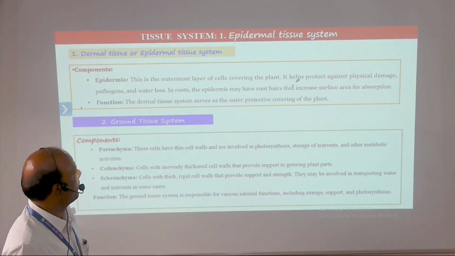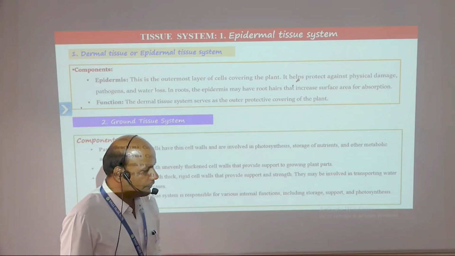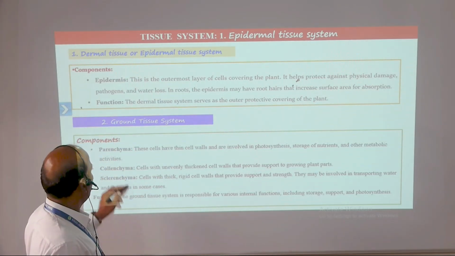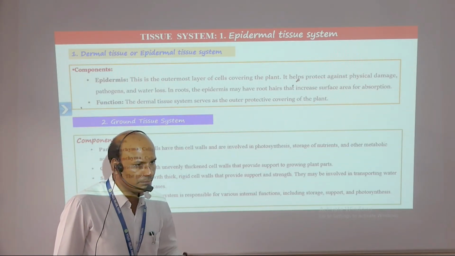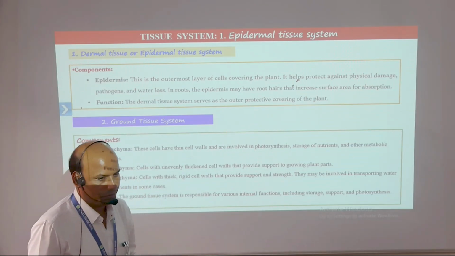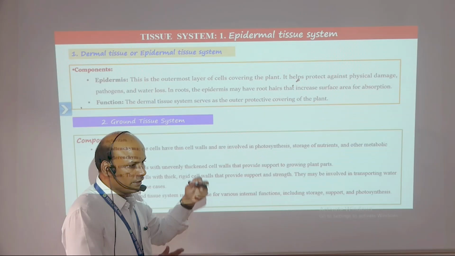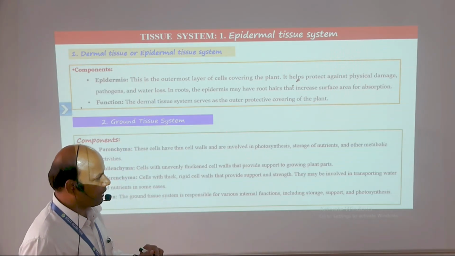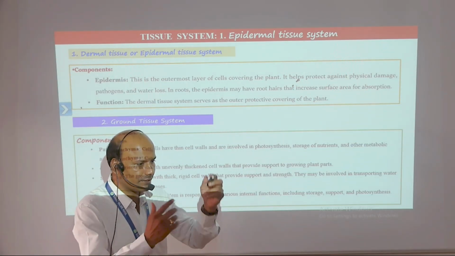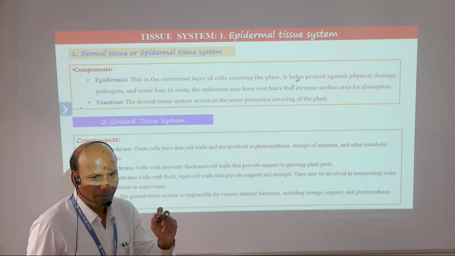Next, we will see the second type of tissue, the ground tissue. In the earlier slide we saw the details about the epidermis, which is present on the surface of the root, stem, and leaves.